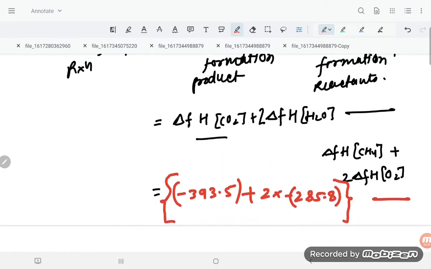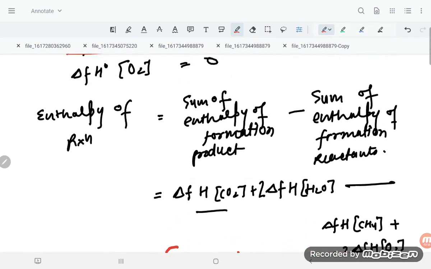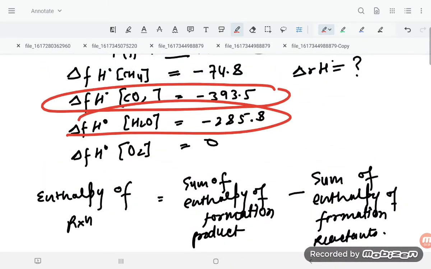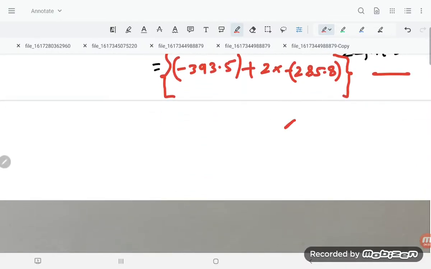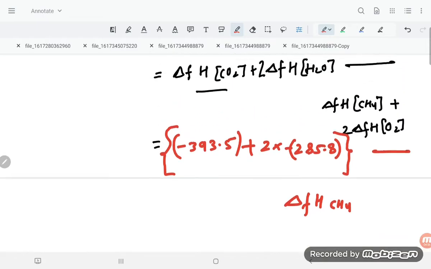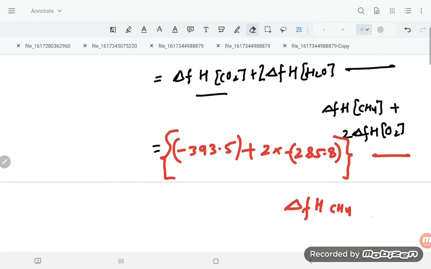So what will come here: delta f H of CH4. CH4 only one is there, so we write delta f H of CH4, already we wrote the formula, so directly you put out the value. How much is the value for methane? Minus 74.8.